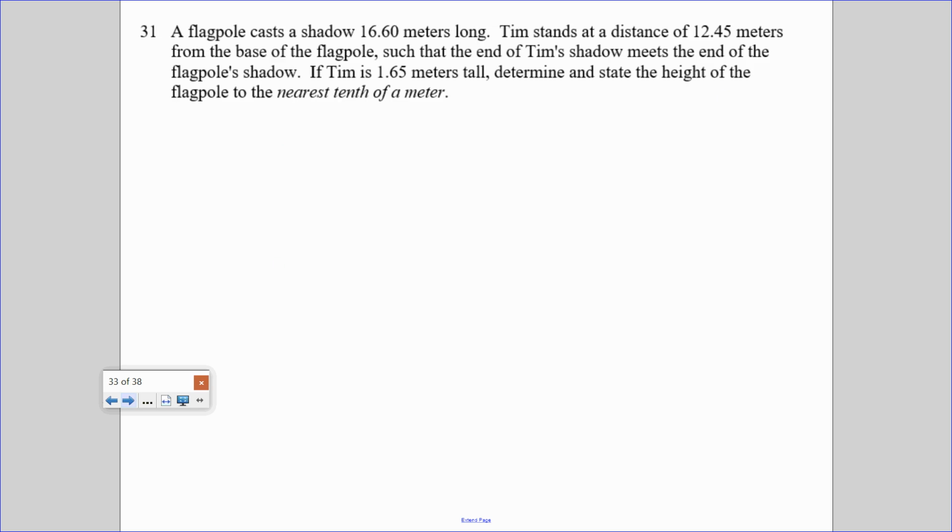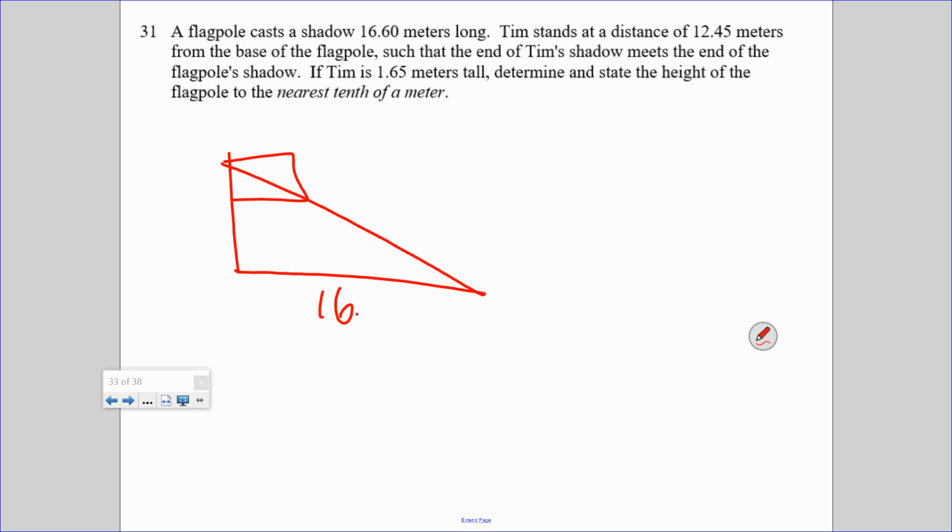A flagpole. Sweet, I get to draw. There's my flagpole. Cast a shadow, 16.6 meters long. Well, I see a shadow on the ground. I don't know where you see your shadow, but this is my shadow. Tim, the guy, stands at a distance of 12.45 meters from the base of the flagpole.